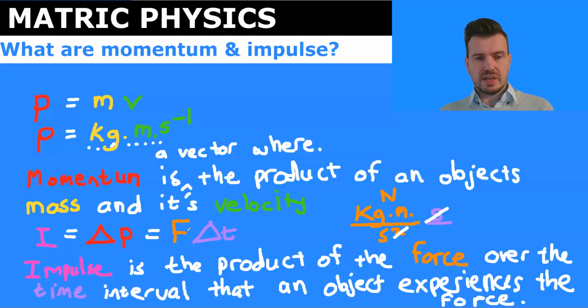So they are the same units, but we don't express them in the same units. The units we express momentum and impulse in are newton seconds. That can be quite confusing because they're expressed in different units, but they are very closely related. So your impulse is your change in momentum.